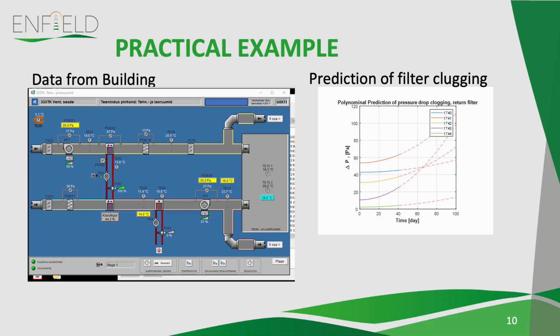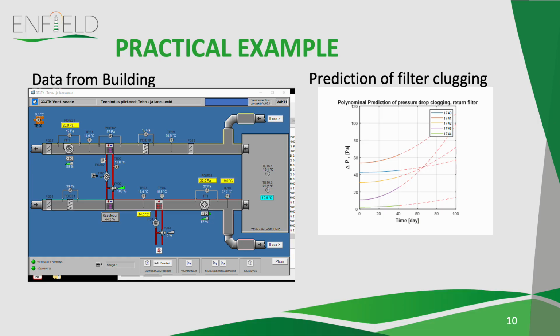And also by using this data, we can apply machine learning and predict how the pressure will change in future and when we will need to change the filter. So we will find the right moment where it makes sense to change the filter in order to avoid increasing costs.